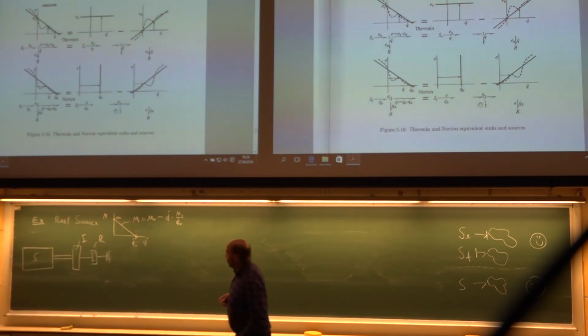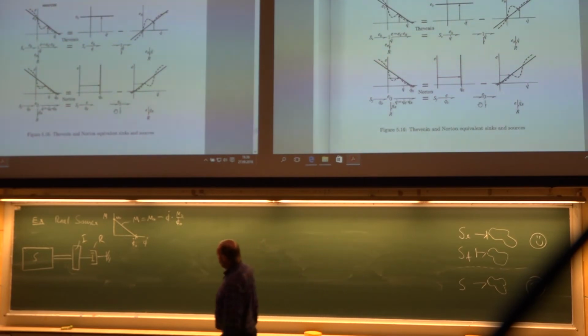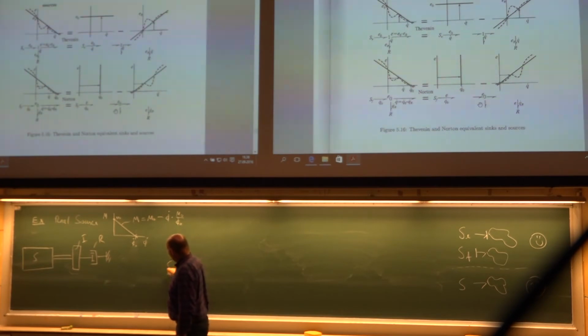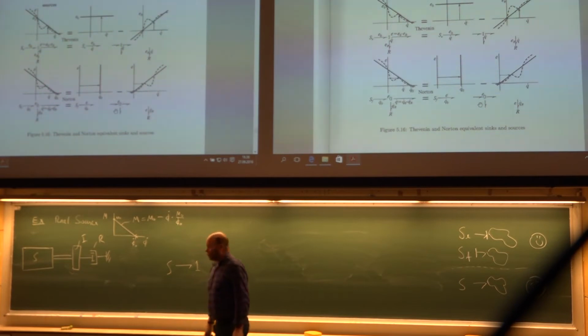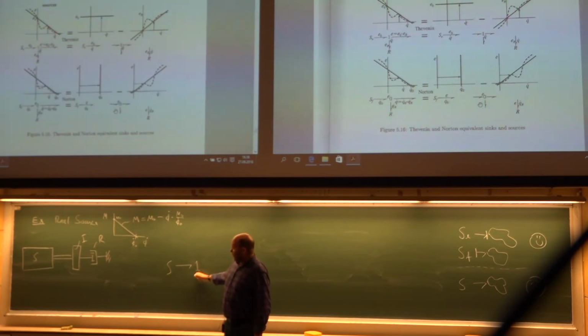So what will the bond graph look like? You have a real source, so you start with an S. Then you will have a 1 junction. You have some object here with its own unique rotational velocity. And this rotational part has mass, so the inertance goes there.